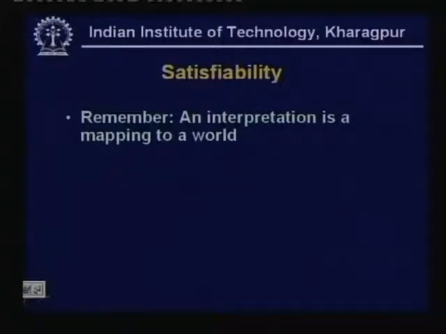Now we come to a very important concept, besides these inference tools, called satisfiability. Satisfiability, what does it mean? Let us remember that whenever we try to prove any proposition, we are proving it with respect to a particular interpretation, and that interpretation is nothing but mapping to a world.